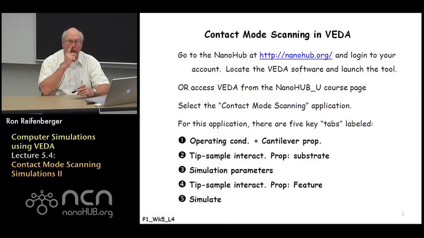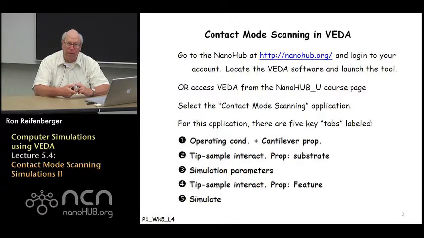When you open the contact mode scanning application, you'll see 5 tabs located across the top of the screen. The first tab is referred to as operating conditions and cantilever properties. In this tab, you have to specify certain parameters that relate to the operation of the instrument, the VEDA simulation tool.